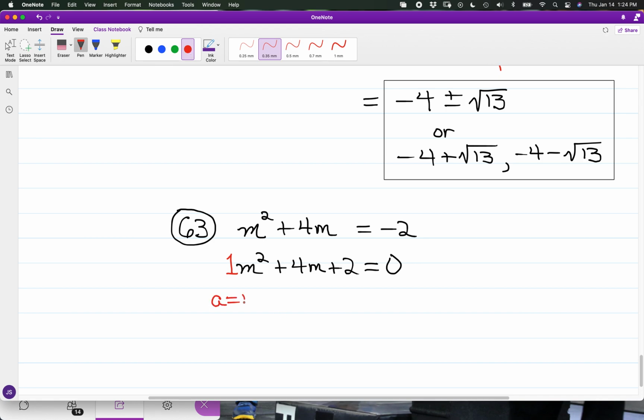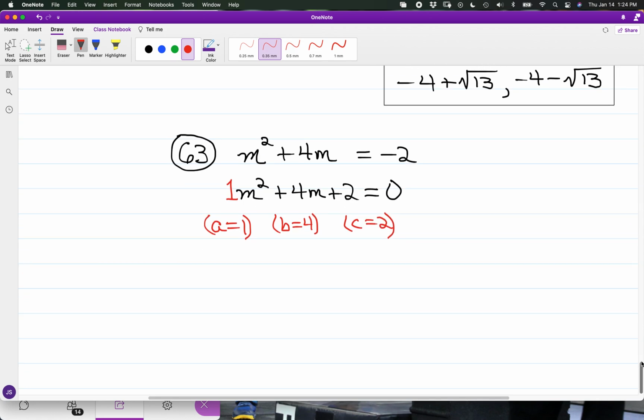So the leading coefficient a is going to be equal to 1, b is equal to 4, and c is equal to 2. So with m, I have negative b plus or minus the square root of b squared minus 4ac, all over 2a.